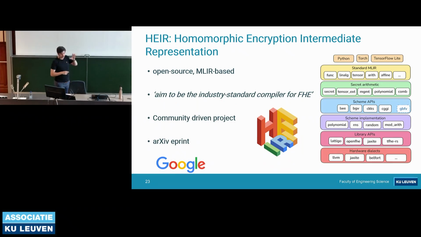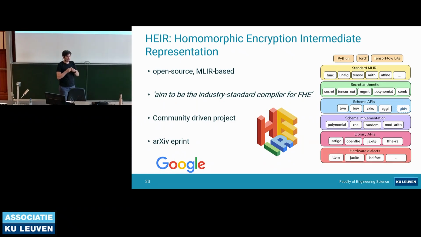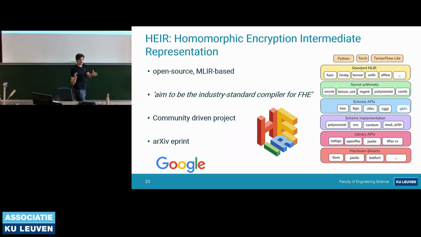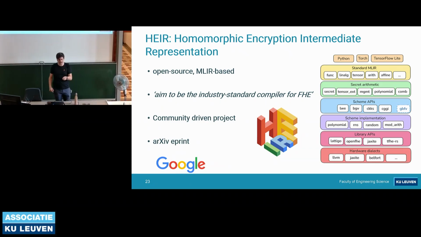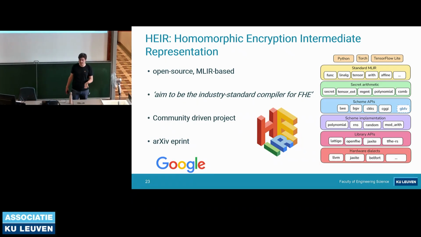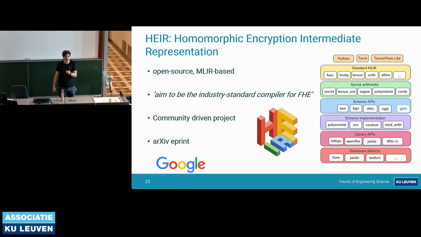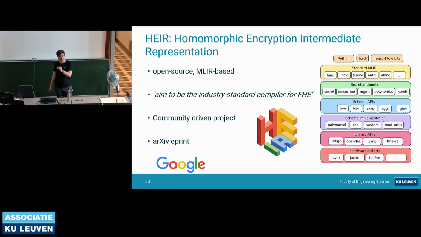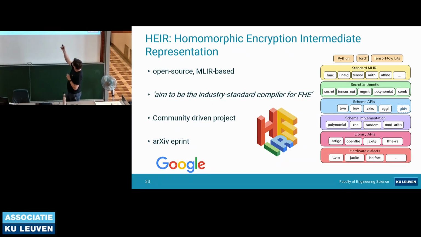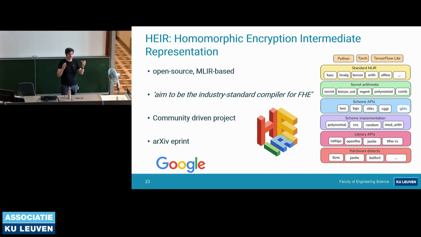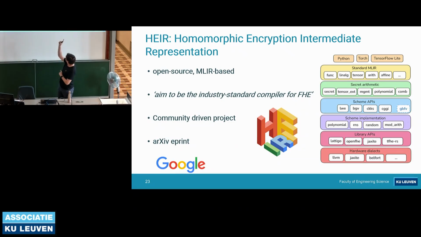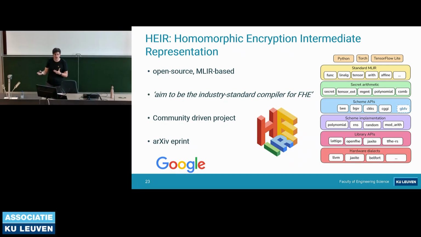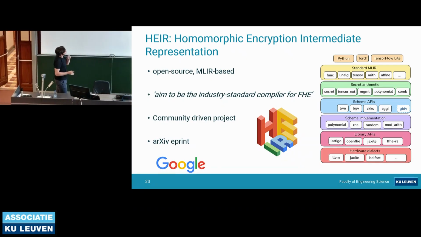Within this dialect, we determine, okay, if you want to do a matrix vector multiplication, for instance, but your vector is considered secret and your matrix is considered plaintext, you can simply do plaintext-ciphertext operations, but that will produce a ciphertext as well. We must denote that throughout our complete program, anything that touches a ciphertext will produce a ciphertext as well. So we can now denote all of our intermediate values using the secret dialect, which parts are going to be secret and which parts are not going to be secret.